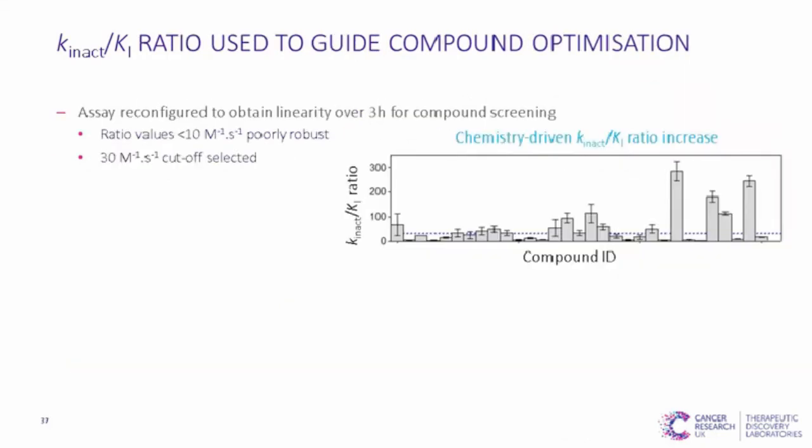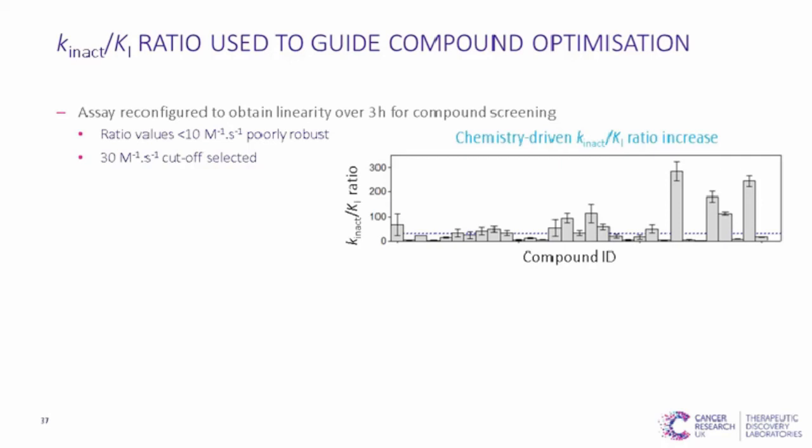We expected our compounds to be much less reactive, so we reconfigured the assay to run linearly over 3 hours. And this graph shows the evolution over time of the kinact/KI ratio as the chemistry evolved.